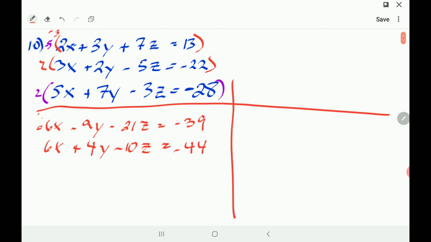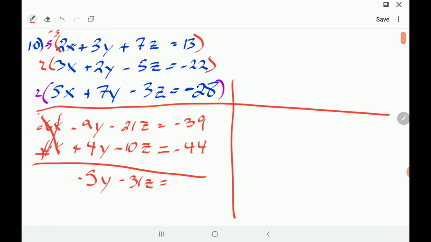So here we get some really big numbers, and that's fine. It's okay to have big numbers. I know a lot of people get scared when they see a lot of large numbers, like, oh, I must have done something wrong. No, that's just the way this is going to go. Okay, so combining this, we get negative 5y, negative 31z equals, 13, carry the 1, negative 83.